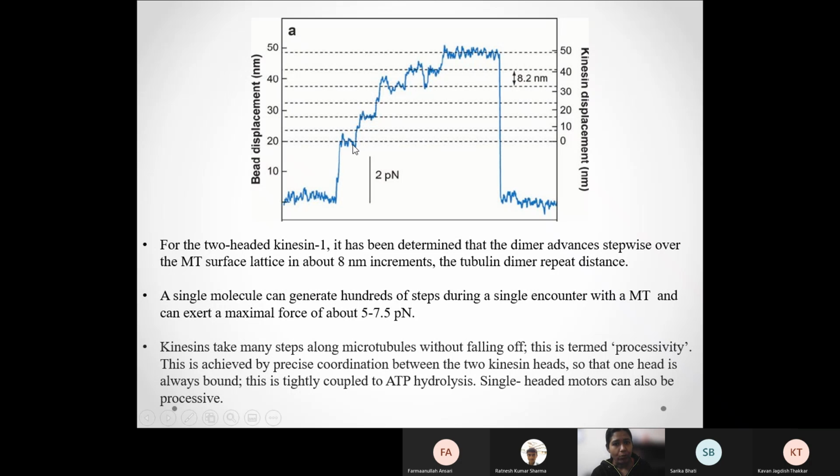trap, which shows a few things that you see here. First is that kinesins can move without falling off the microtubule, processively, for a considerable distance. So it's called processivity. How long an enzyme, say a DNA polymerase or an RNA polymerase, can be bound to DNA or RNA and produce new DNA or new RNA without falling off the molecule.